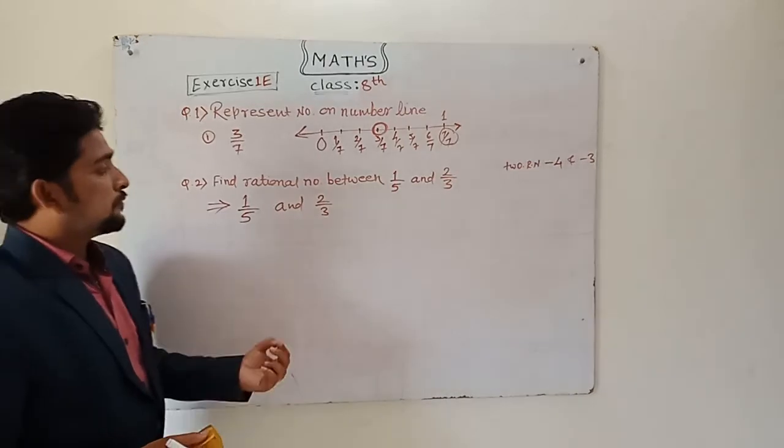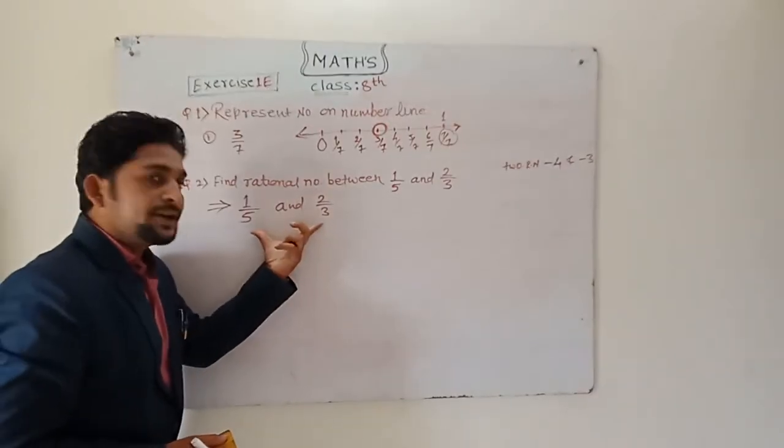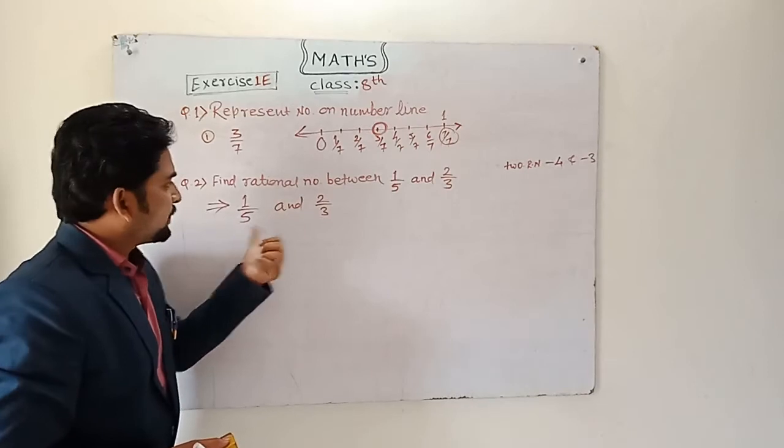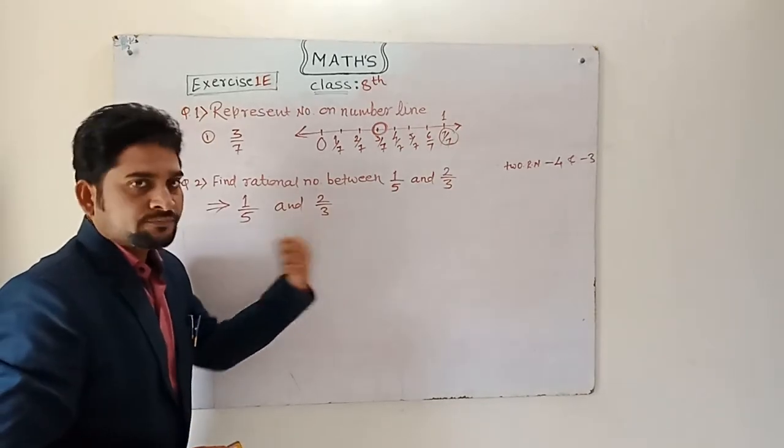First of all, we have to make their denominators the same. Here 5, here 3, can we make them the same? Obviously we can.